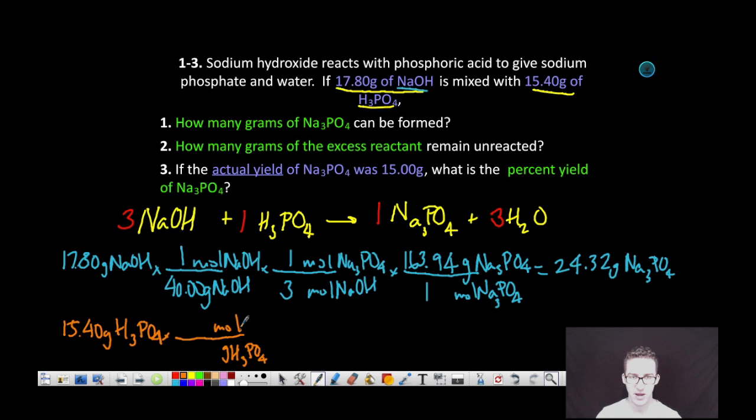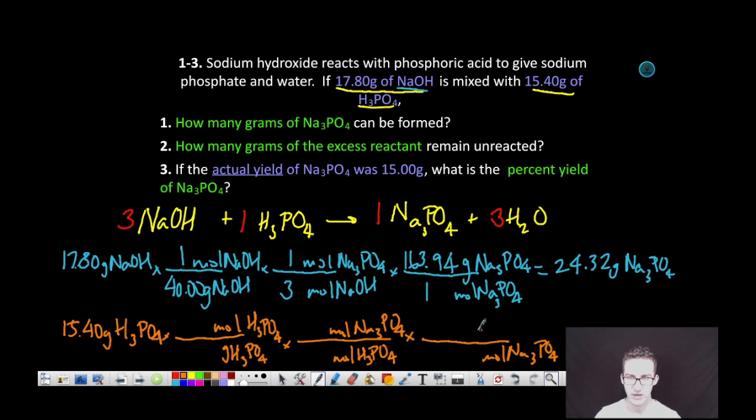So we're going to go from grams to moles of phosphoric acid, and then from moles of phosphoric acid we can go to moles of sodium phosphate, and then finally from moles of sodium phosphate we convert to grams of sodium phosphate.